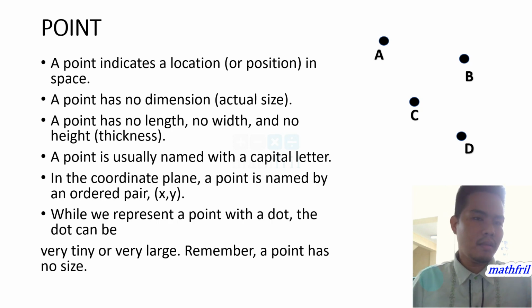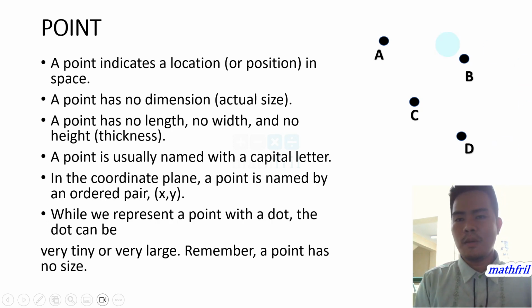Another detail here: a point has no dimension or actual size, because it could be big, small, or up to you. A point also has no length or width, no thickness. Number four, a point is usually named with a capital letter, as you have seen on the screen: A, B, and C. This is how we name a point.